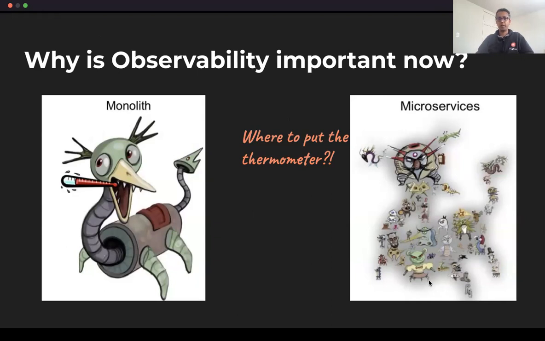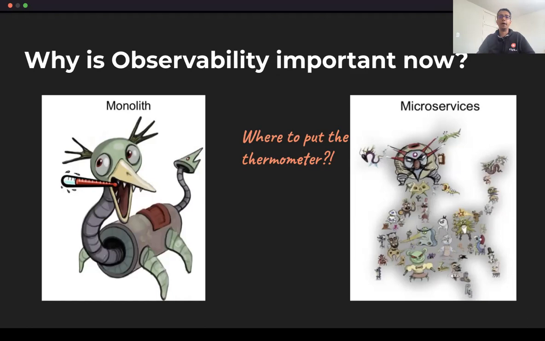Now, why is it more and more important? One of the things which has happened in the last two to three years is that more and more people are shifting to microservices. Earlier, code bases were primarily monolith. You have a single big codebase running, and in this case you can easily print out the logs and try to understand what's going wrong.